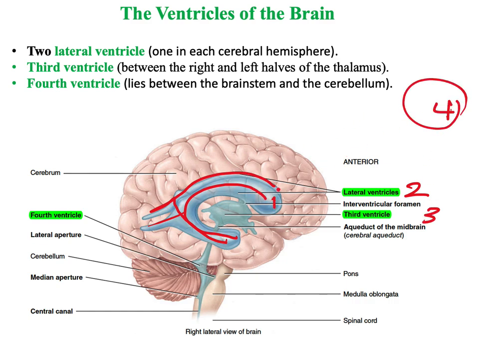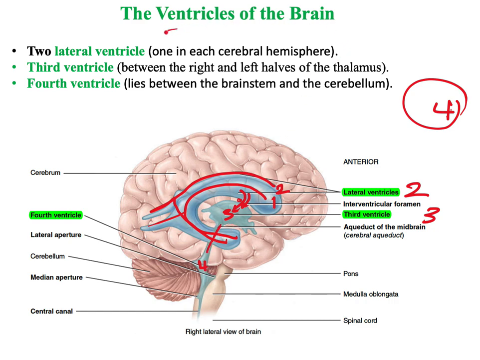The cerebrospinal fluid that formed in the lateral ventricles passes to the third ventricle. There is one third ventricle, through the interventricular foramina, because you have one here and one here. So the CSF drains to the third. Now from the third, the CSF will drain to the fourth ventricle here through the cerebral aqueduct.